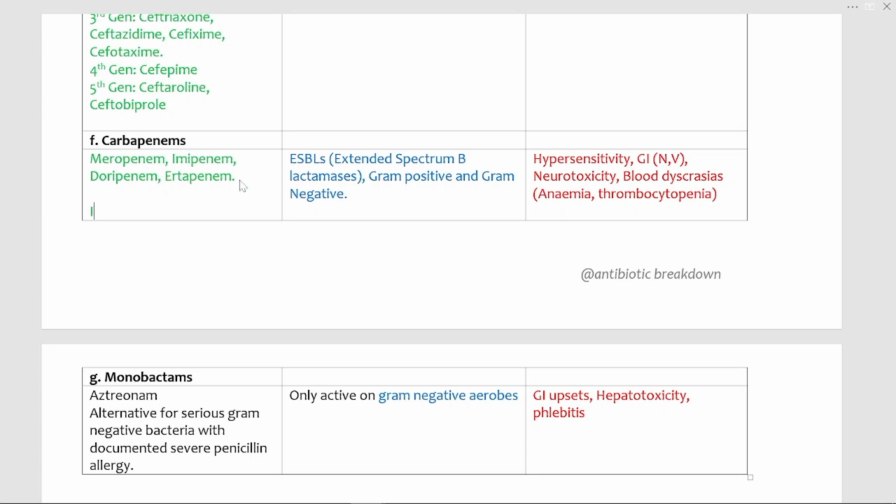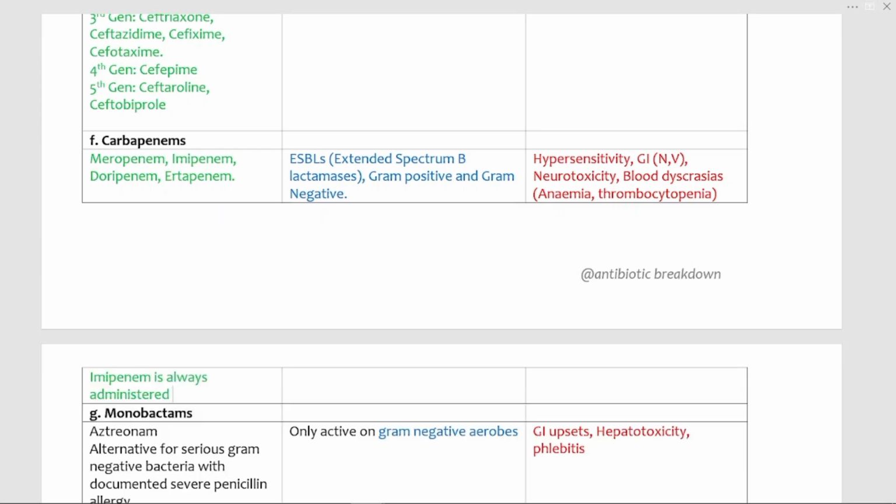cilastatin. So imipenem is always co-administered with cilastatin. Why cilastatin? Why is this so?